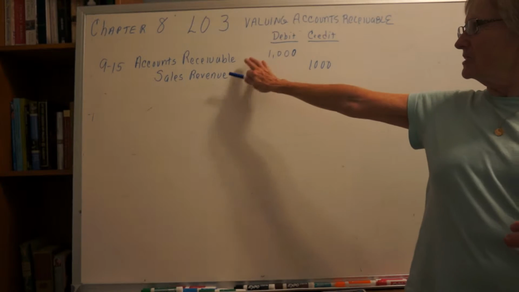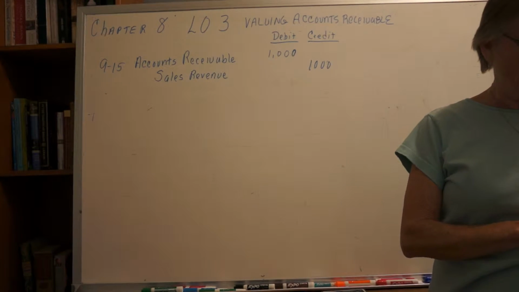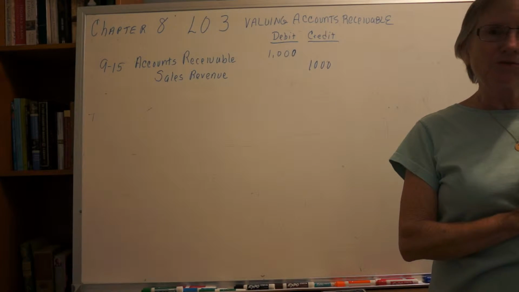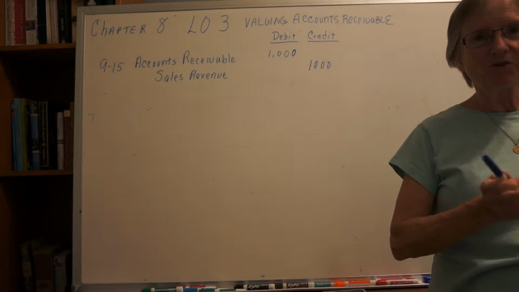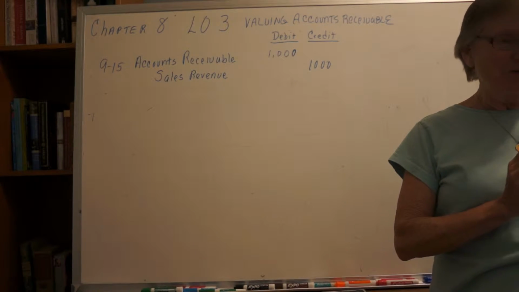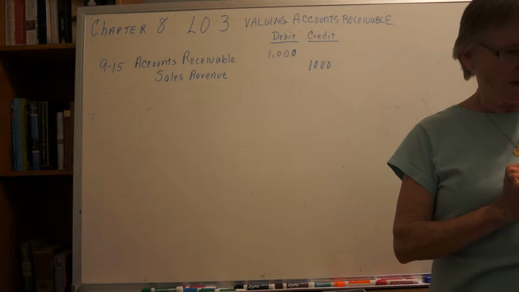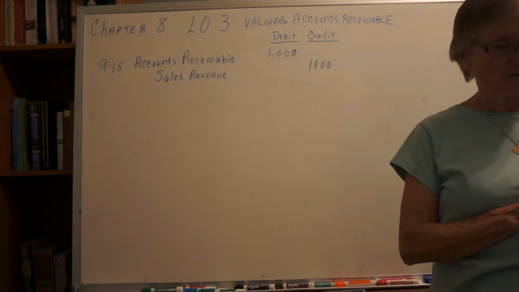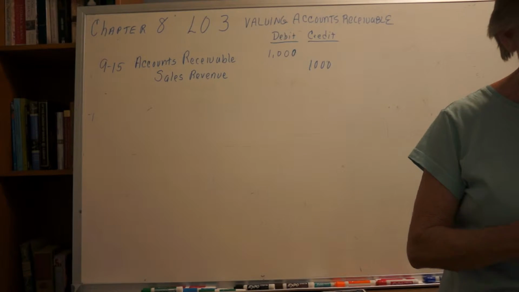So we're going to leave the account receivable on the books at $1,000. But we're going to use an allowance account to show how much of that we think we will not collect. So we're going to use an allowance for doubtful accounts to show our financial statement users how much of that receivable we expect to collect.